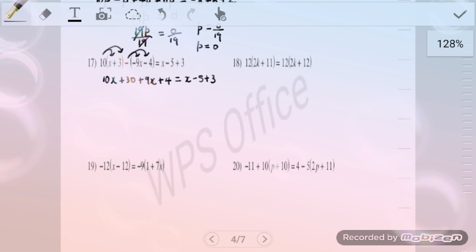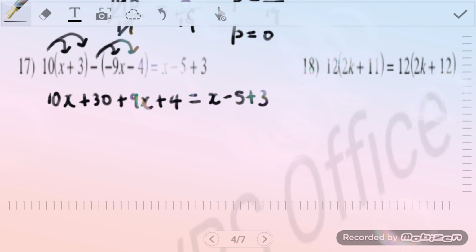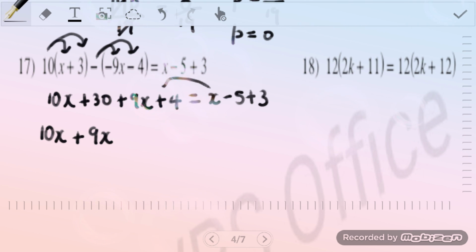All right. Now we organize, getting everything organized according to the terms that are alike. So you notice here that we have the 10x on the left, and we also have the 9x already on the left. And all I'm doing here is moving this x over here. So I end up with a -x.